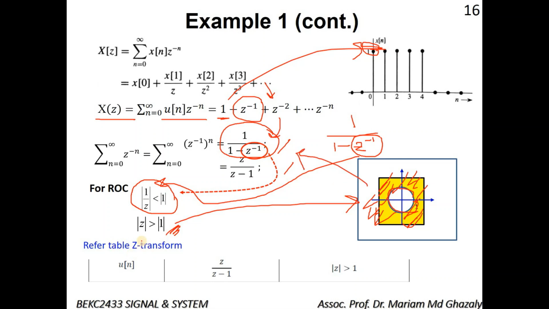By referring to the z transform table, it was given that if you have u[n], you have this equation and the region of convergence is z more than 1. So actually you are proving that the step input signal is given by this z transform equation, and the region of convergence is z more than 1. Okay, this is what it means.